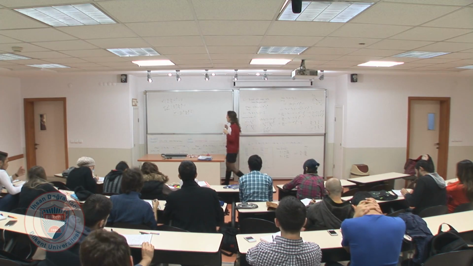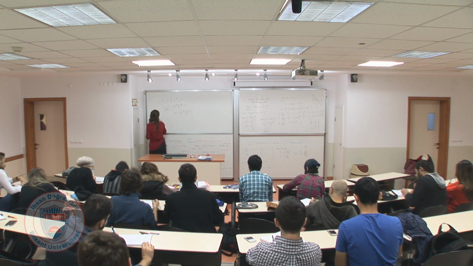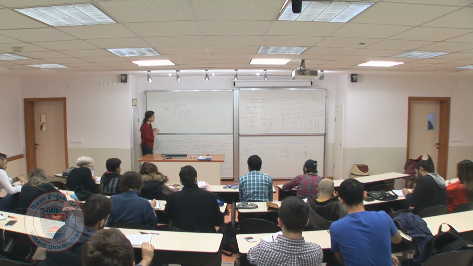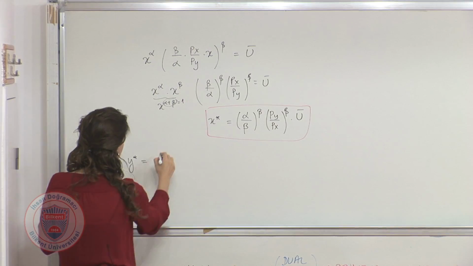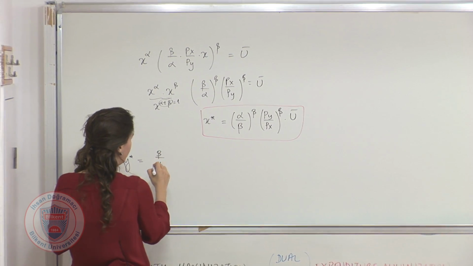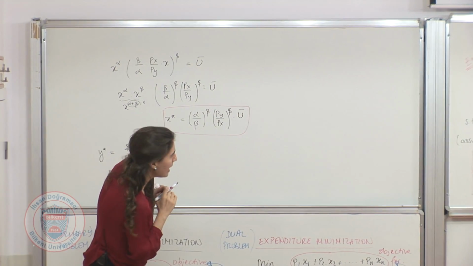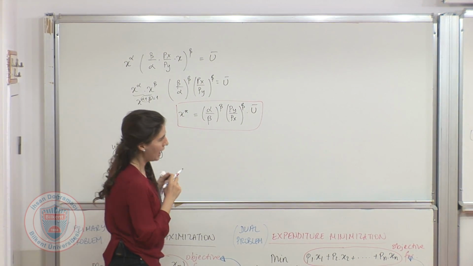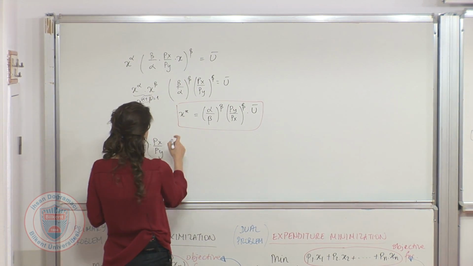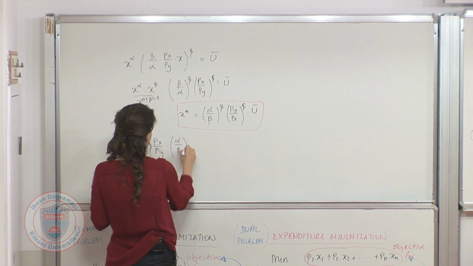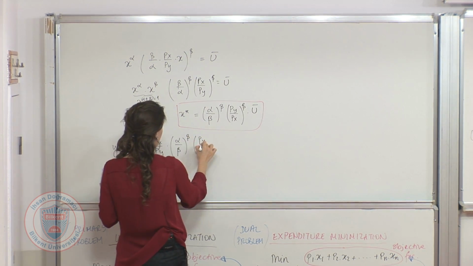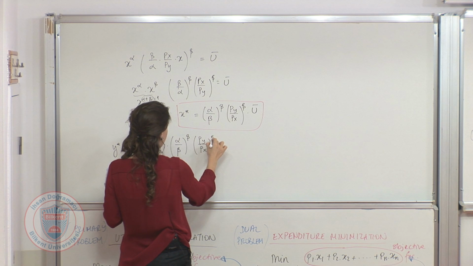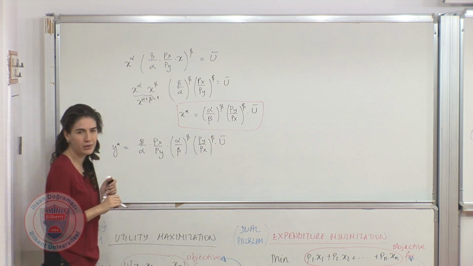So what is y? From here, y star is going to be, when I put this beta over alpha, px over py, and then for x I put this, beta py over px to the power beta times u bar, okay?